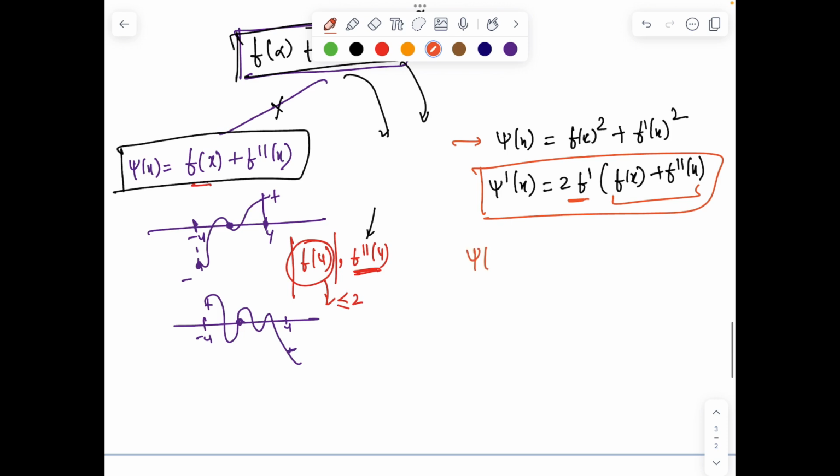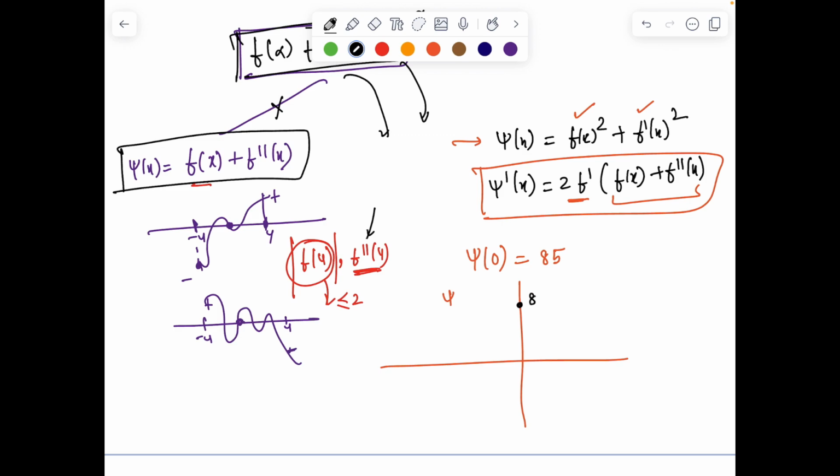So what information do I know? I know information at 0 because psi 0 is already 85, which is known to us. What else do we know? We know from the previous part that psi is definitely a continuous function, because f is continuous and differentiable, so psi is a continuous and differentiable function.